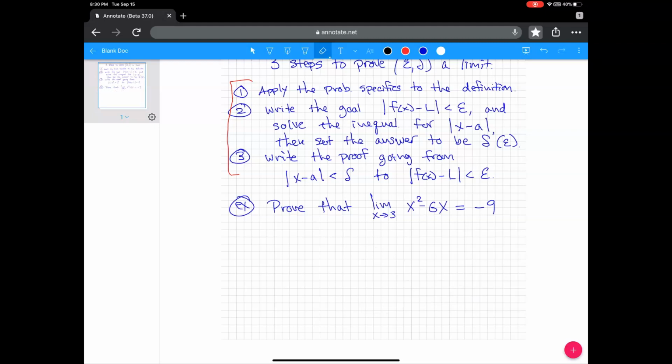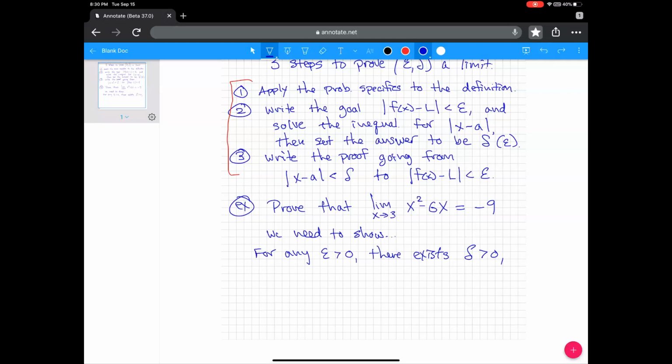So we want to prove that the limit as x tends to 3 of x squared minus 6x is equal to negative 9. So that means to show that, we need to show that the definition holds. So we need to show that for any epsilon greater than 0, there exists a delta greater than 0 such that, and this part of the definition always stays the same.